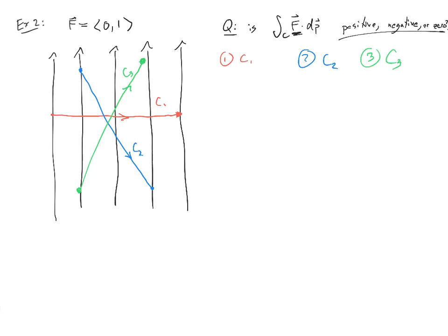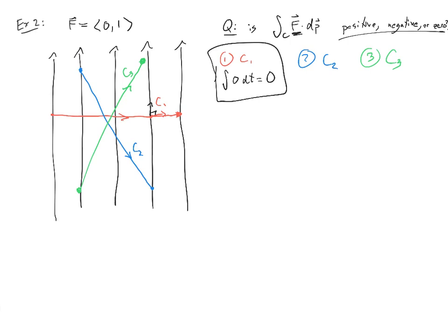The tangent derivative dp at any point on C1 is pointing to the right, and f's pointing straight up, and those are orthogonal. So this integral is a big integral of zeros, which means you get 0. So the red one should be 0.